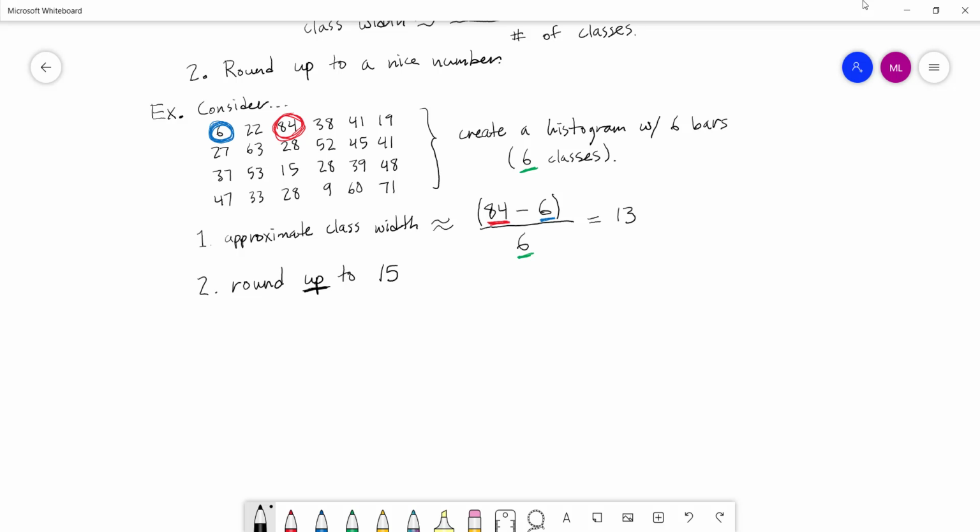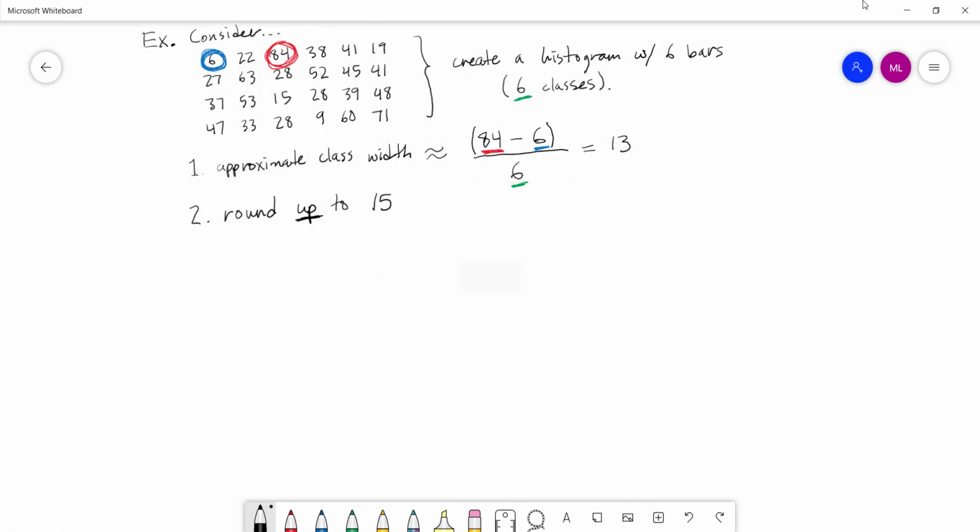So now I want to create my classes. We can pick which number we want to start at. I'm going to pick 0 because of the context of the problem. If I said that these are ages, let's pick a starting number.